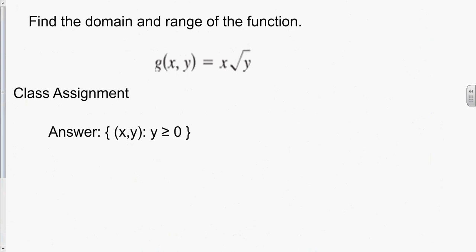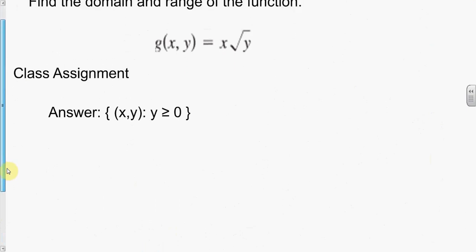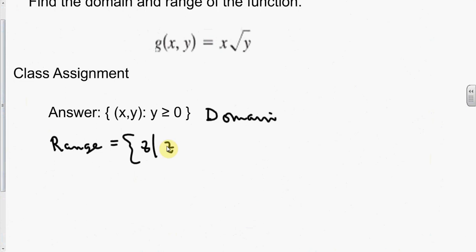So this is the domain. Where did the range go? For all z, z can be any real number.